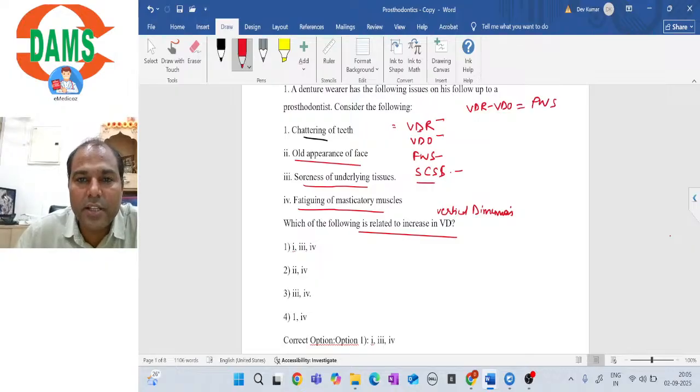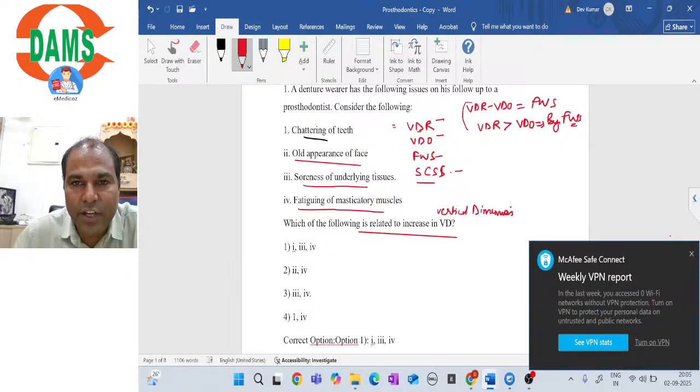That means VDR should always be greater than VDO, vertical dimension of occlusion, by the amount of freeway space. That means a right VDO should have minimum 2 to 4 mm of freeway space.